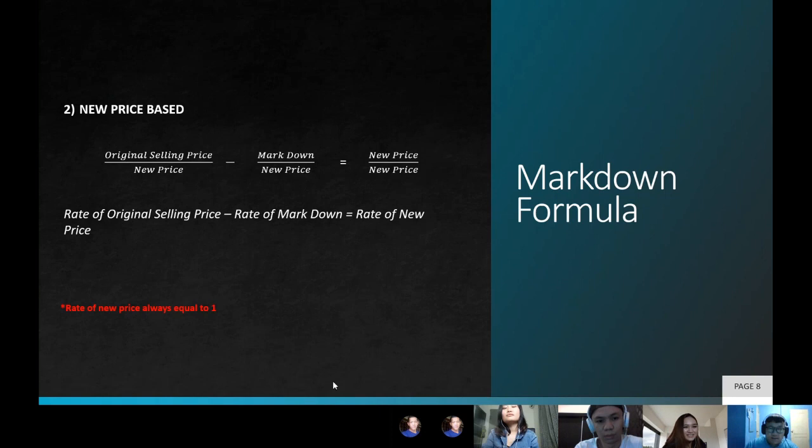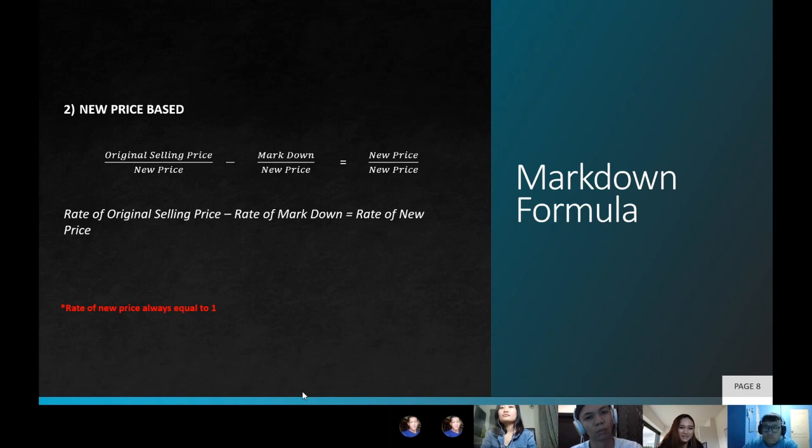Then the formula for new price base is original selling price divided by new price, minus markdown divided by new price, equals new price divided by new price.